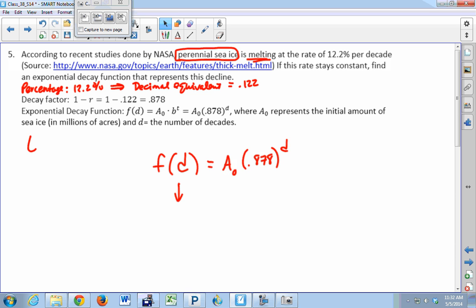Right now means time t equals 0. How much do I have right now when t equals 0? Oh, excuse me, d. D equals 0. What's the value when d equals 0? Okay, f of 0.